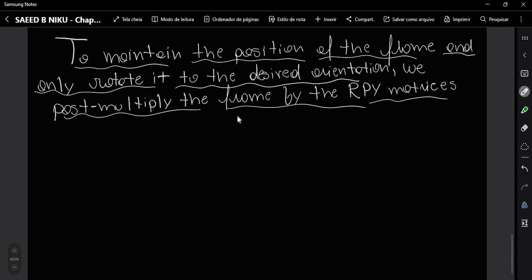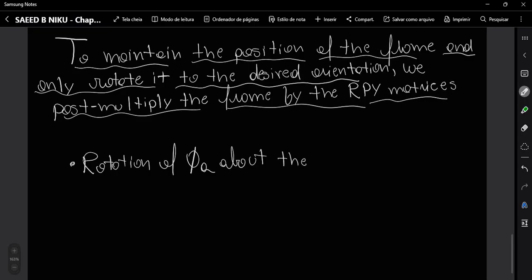And now we got the sequence made of 3 rotations, and the sequence is a rotation of phi, and superscript we have the A, so it is a rotation of phi about the A axis, the Z axis of the moving frame.